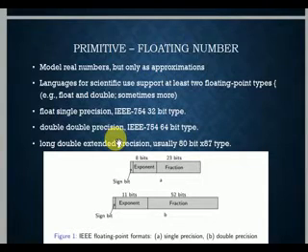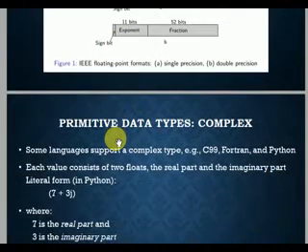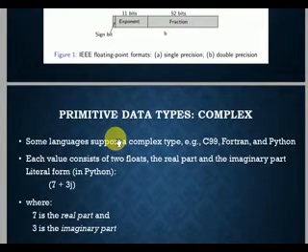The same holds for 64 bits: the first leftmost bit is the sign bit, indicating whether it is negative or positive, the next 11 bits are for the exponent, and the rest are for the fraction. These are the IEEE standards for floating point number representation. So if you need more precision, you have to use double precision values.